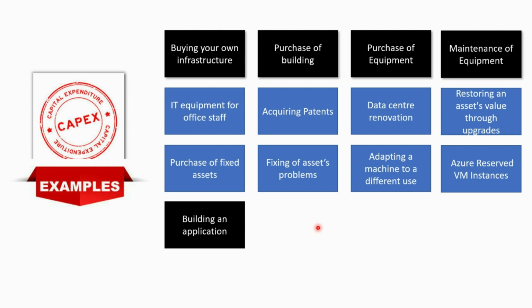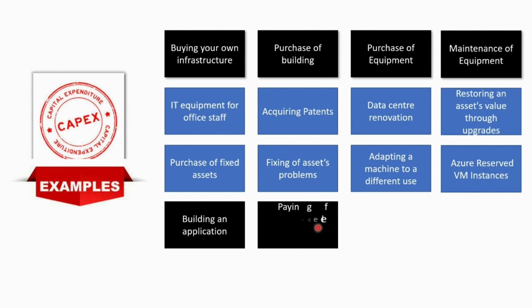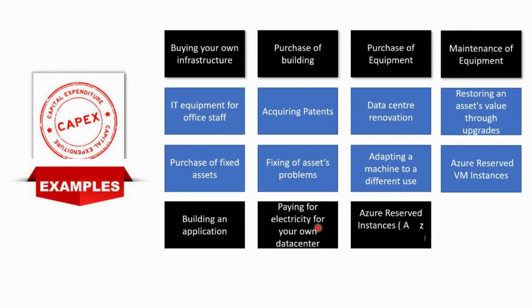In order to bring up an application, whatever money you spent in terms of person, servers, software licenses, third party license usage, internet, all expenditure comes under capex. Next, paying for electricity for your own data center. It's owned by you, and so that also comes under capital expenditure.